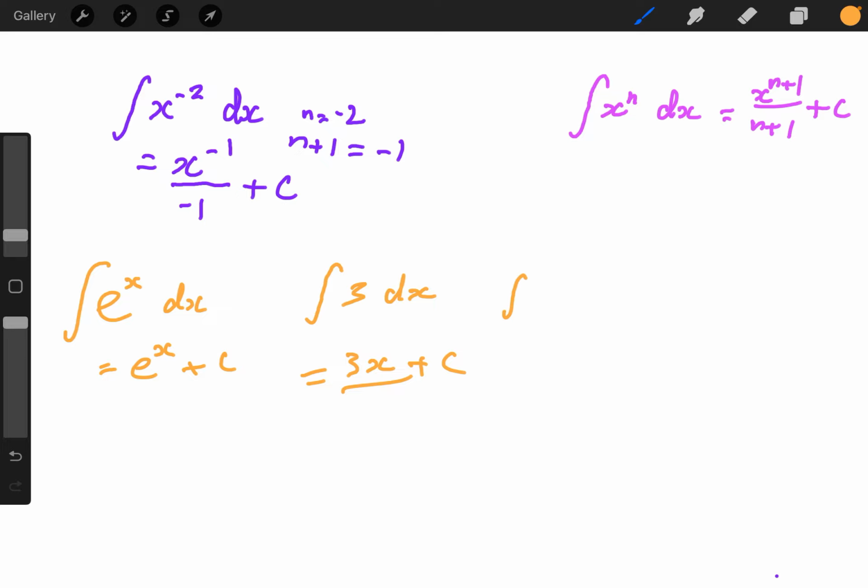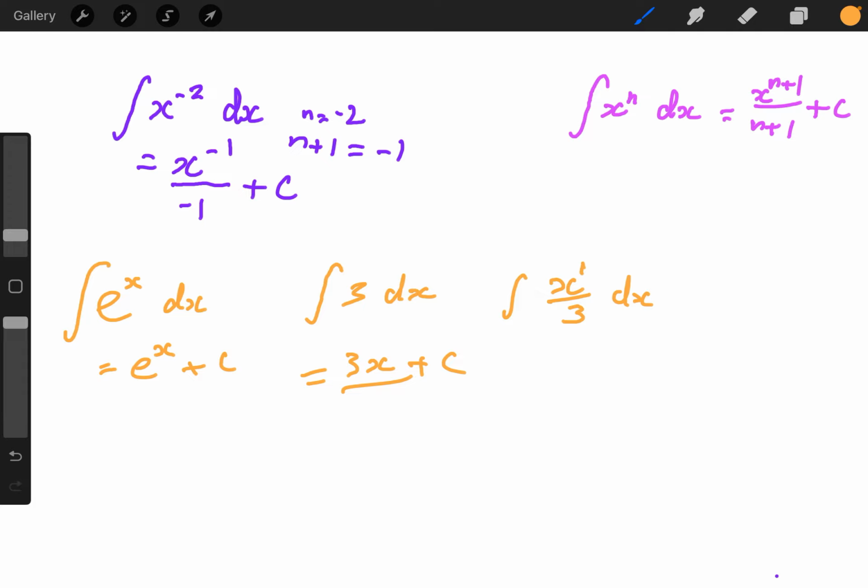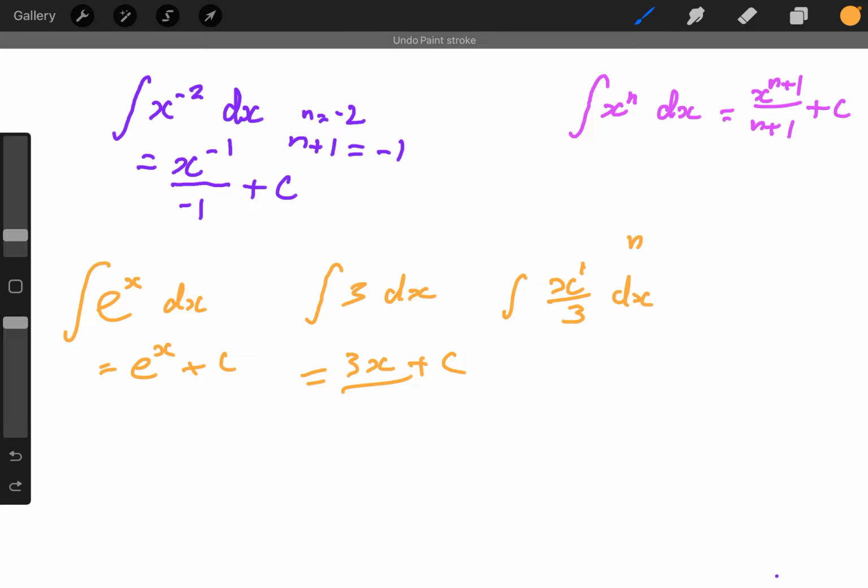What if you have, let's say, a fraction, x over 3 dx. Then what do you do, bro? Alright, so the x term here is 1 secretly. So n equals 1.